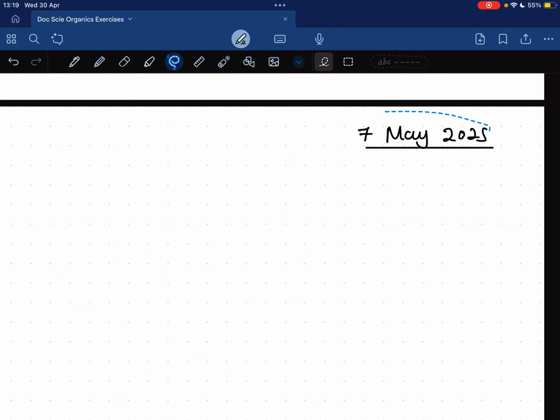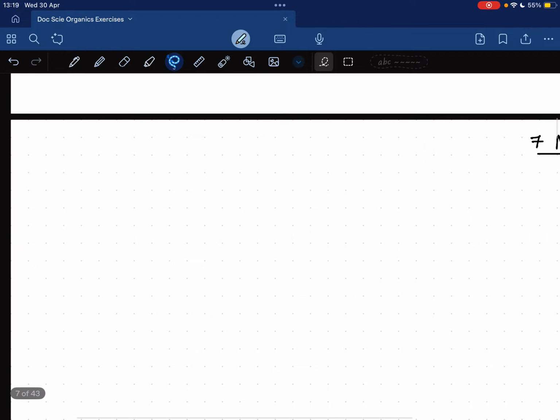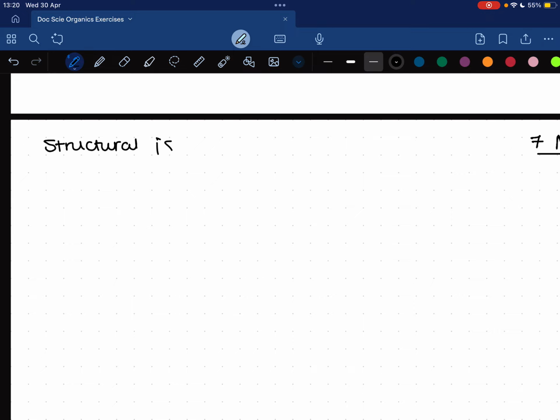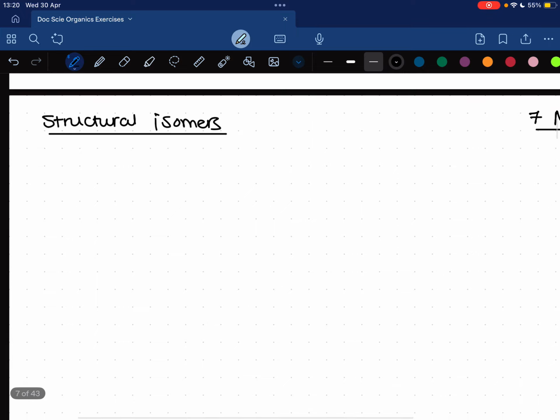The isomers that we look at specifically in matric are structural isomers. Structural isomers are compounds that have the same molecular formula, but a different structural formula.